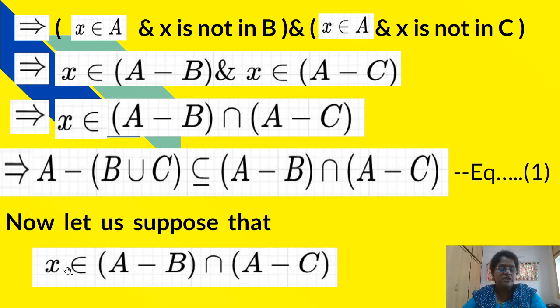Now let us suppose that X belongs to (A minus B) intersection (A minus C).